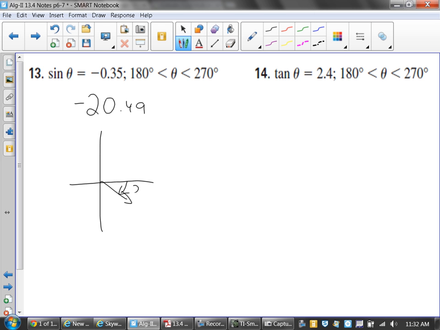So here's your negative 20.49 degree angle. Which means if I want to be in the third quadrant, sine is still negative, which is what we're looking for. And in order to move off the x-axis, how far off of that do I have to move it? Okay, what's 20.49 plus 180? There you go.